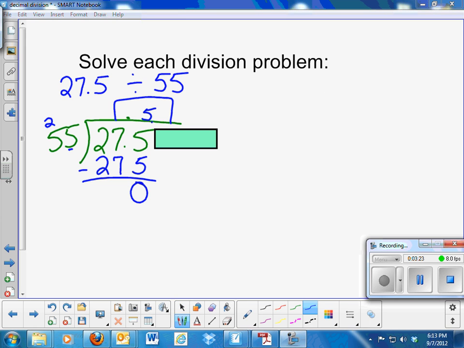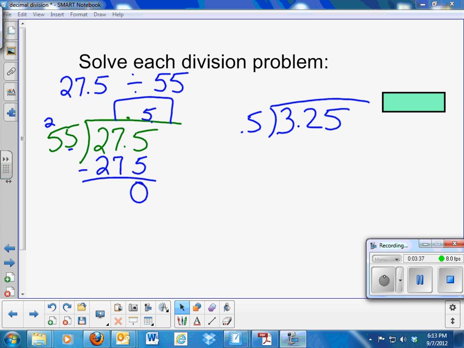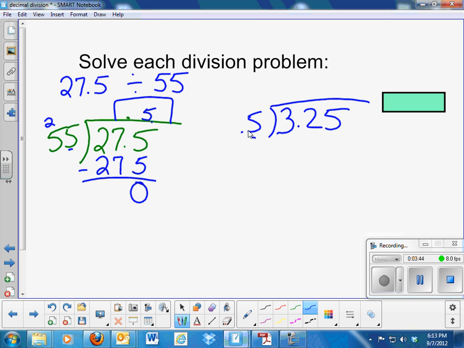The next division problem I would like for you to try is 3 and 25/100 divided by 5/10. Now something interesting is going on here with this problem. I notice that I have a decimal place out here in the divisor.